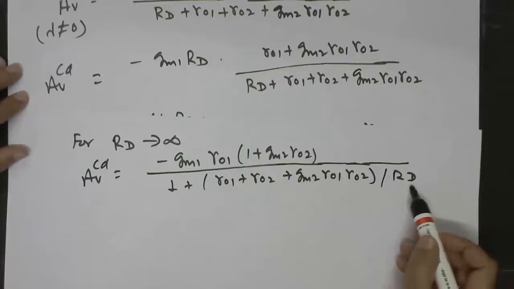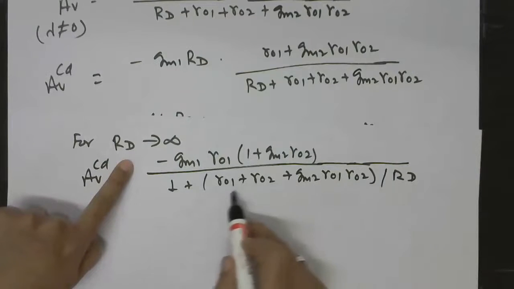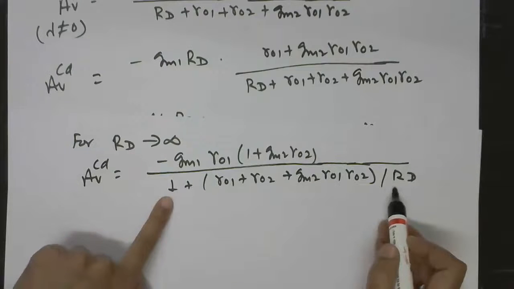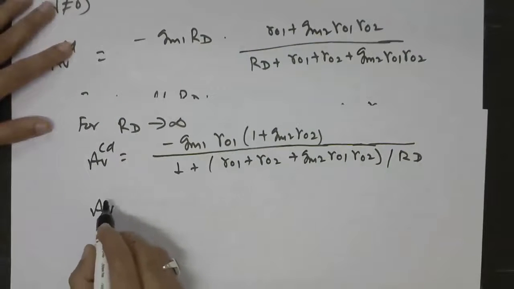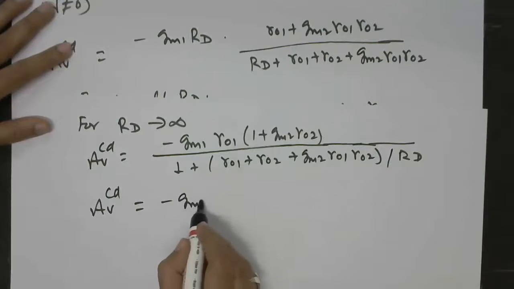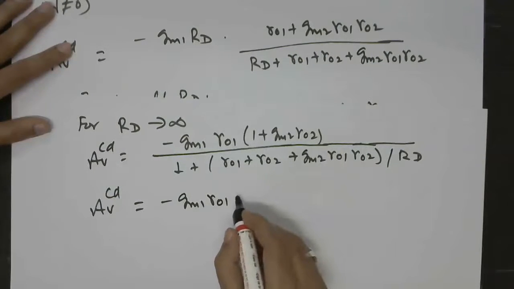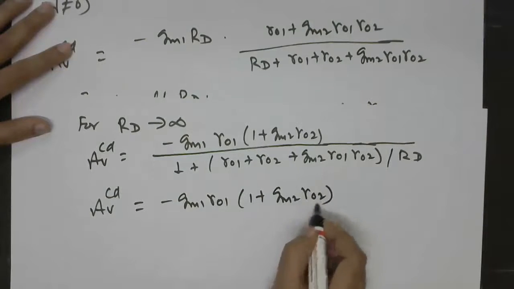So now if you take RD infinite, the second term in the denominator will become 0. So we will be left with only 1. And in the numerator we have this expression. So Av of the cascode becomes minus gm1 ro1 into 1 plus gm2 ro2.